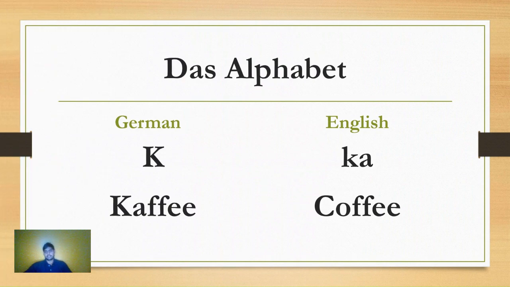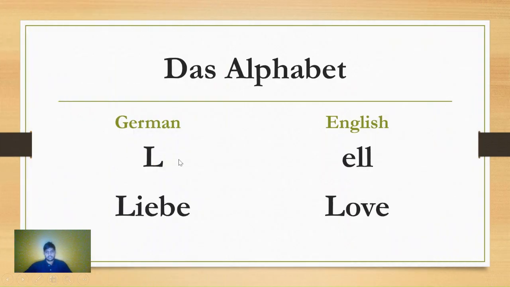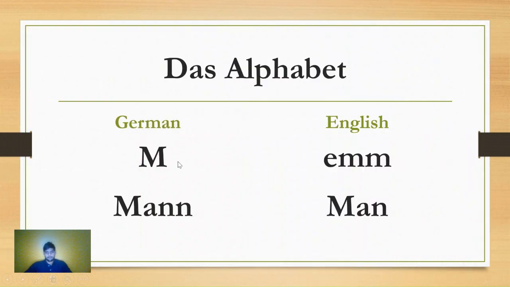Cafe, in English coffee. L, L is called the same as in English L. Leave, love. If you want to say love in German, it is called Lieb. M, also called the same as in English M. Man. In English it is called man.